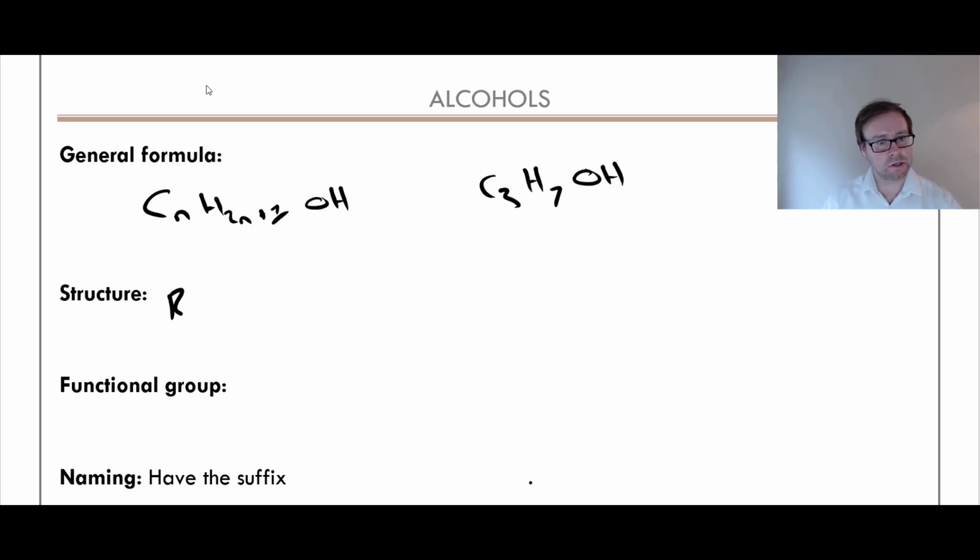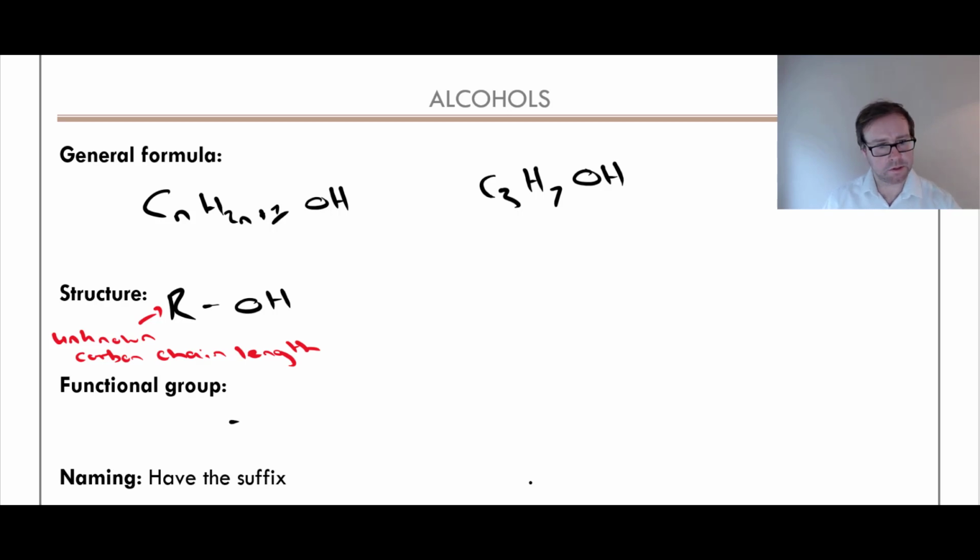The structure, so our structure would look like this. And remember, R stands for an unknown carbon chain length. So in general, this is what the structure looks like.